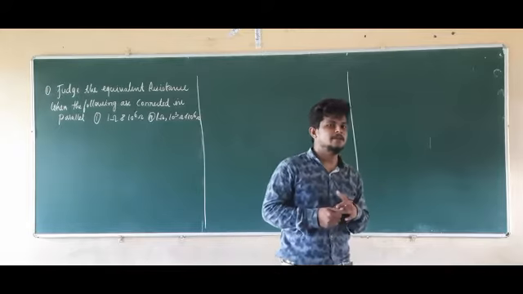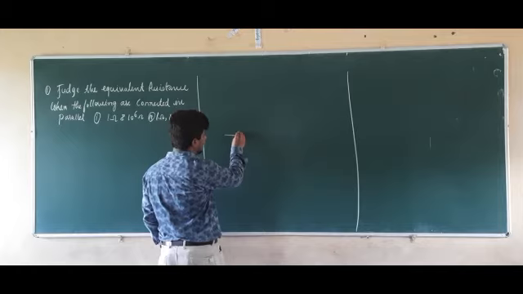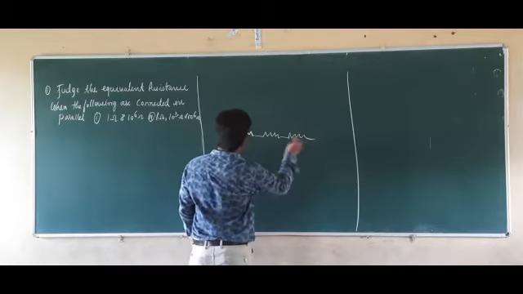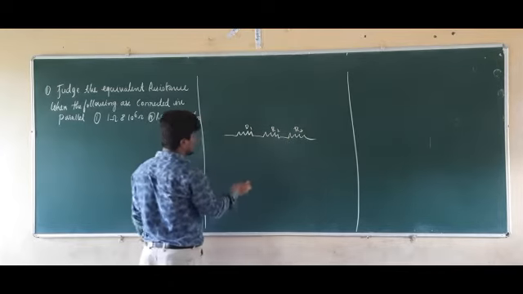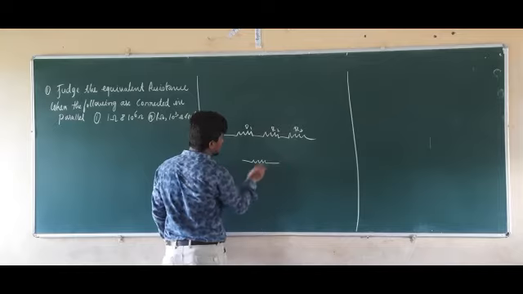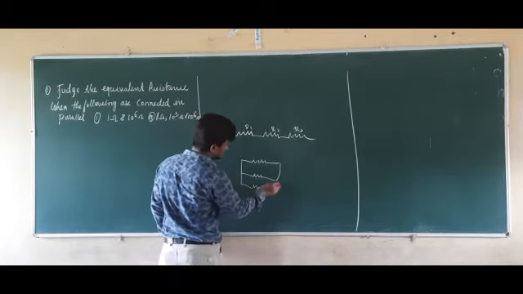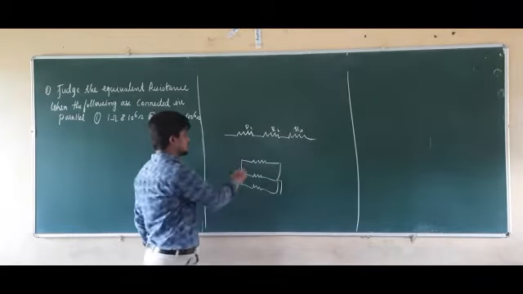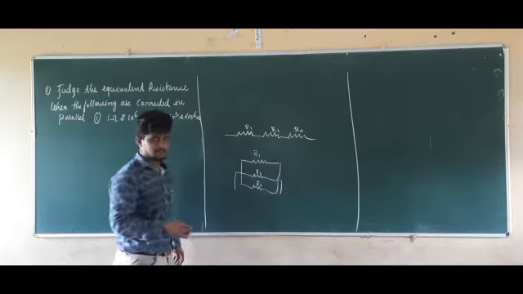Right? In the same manner, if you take another example, I am going to connect 3 resistors. So this is R1, this is R2, and this is R3, in a series connection. The same resistors I am going to connect in the parallel connection. So this is R1, this is R2, and this is R3.